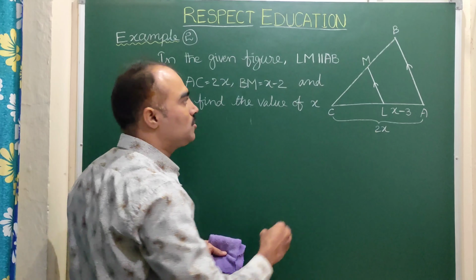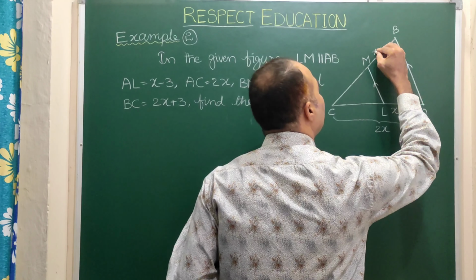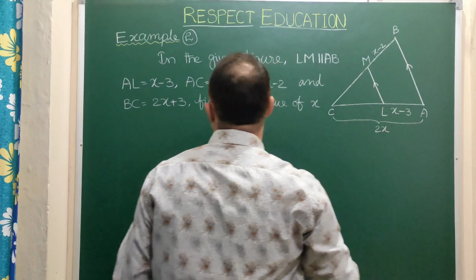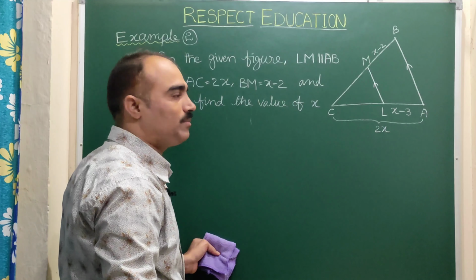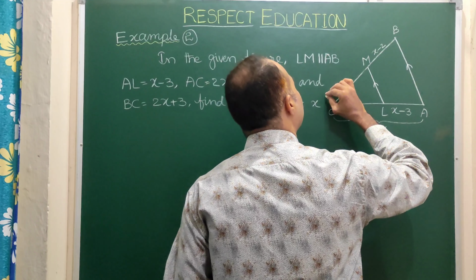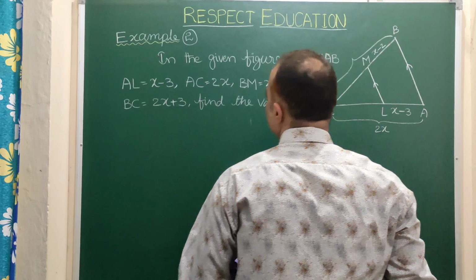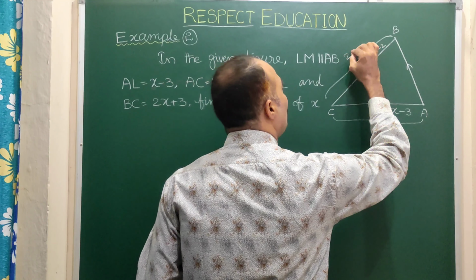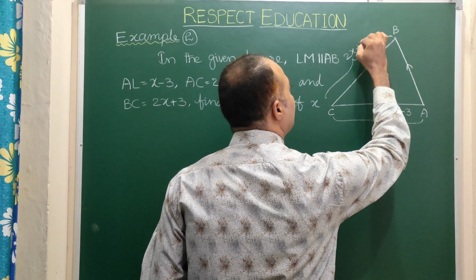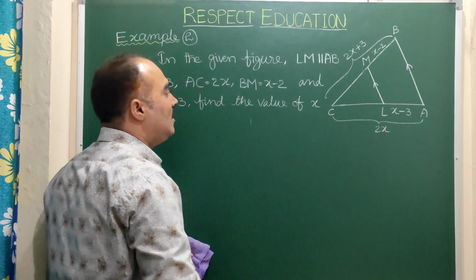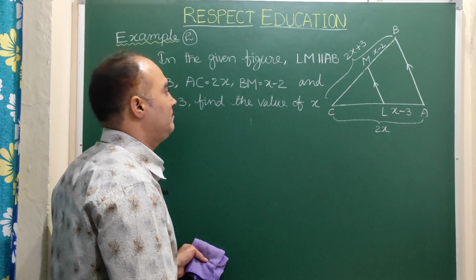BM is X minus 2. BC is 2X plus 3. So B to C, we can take this full distance BC as 2X plus 3. Then find the value of X.